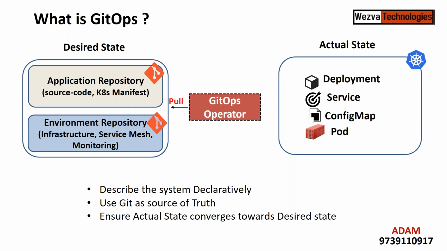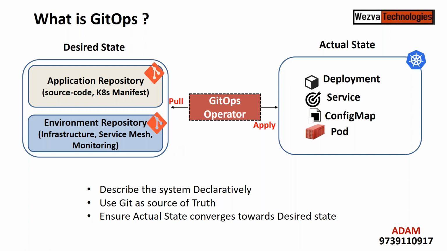So what is that going to do? Instead of you doing a push, we introduce this operator, which monitors your particular repository. Whenever there is a change in any of these repositories, it automatically updates the cluster with the actual state. That is the difference: instead of the traditional push mechanism, you do a pull mechanism.